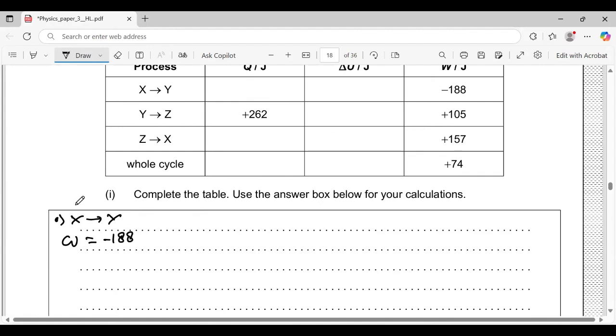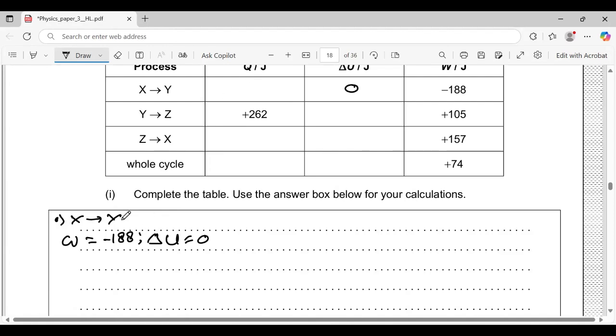Here, delta U is the internal energy, which depends on the temperature, and the temperature is constant in an isothermal process. So delta U equals 0. And how about Q?